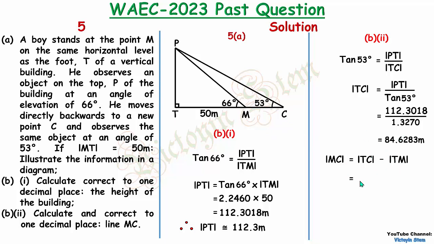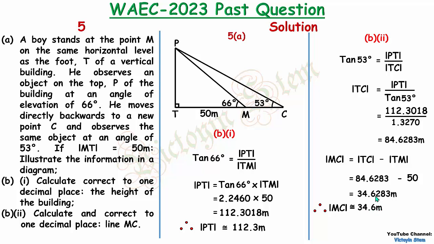TC, I've gotten it to be 84.6283, minus TM. TM is 50. The difference equals 34.6283 meters.